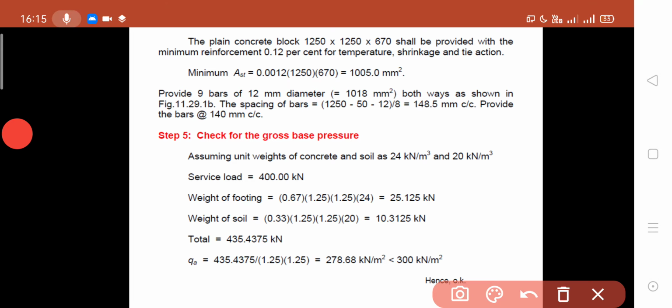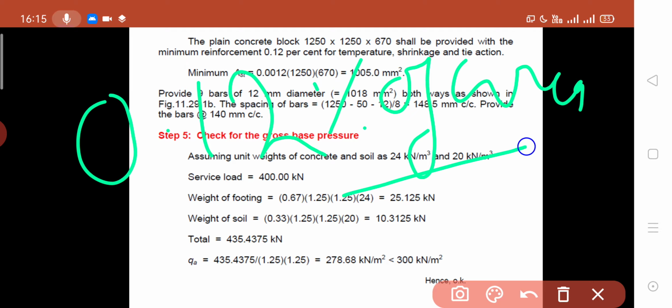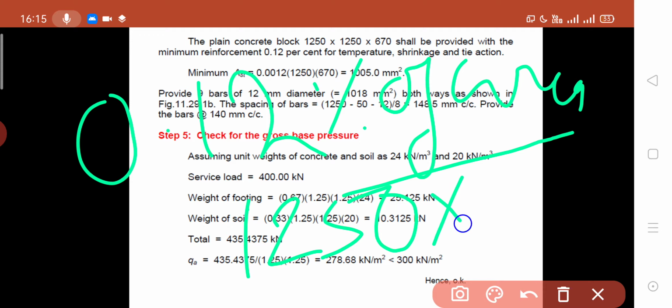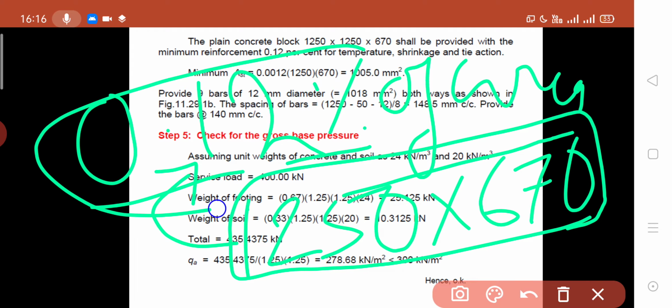We provide minimum reinforcement which is 0.12% of area. So area is B into D, 1250 into 670. So we provide 0.12% reinforcement. This is the minimum reinforcement.